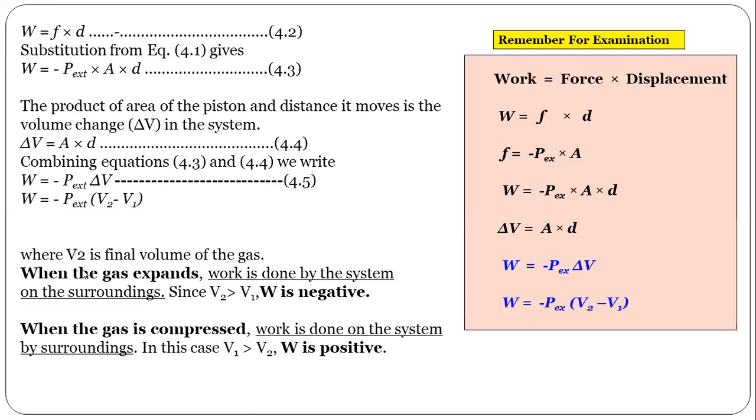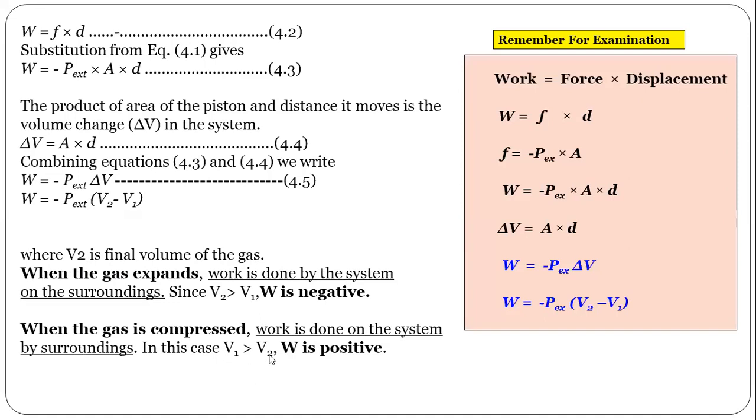There are two conditions where V2 is the final volume of the gas. When the gas will expand, what will happen? Work is done by the system on the surroundings. When the gas expands, V2 is greater than V1, so W is negative. Opposite to this, when the gas is compressed, work will be done by the surroundings on the system.